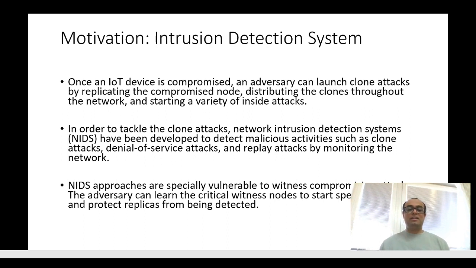Network intrusion detection system approaches are especially vulnerable to witness compromising attacks, where the adversary can learn the critical witness nodes to start specific attacks and to protect replicas from being detected.